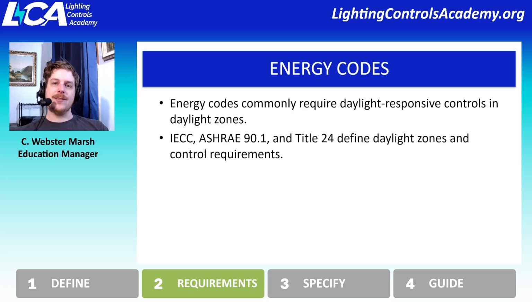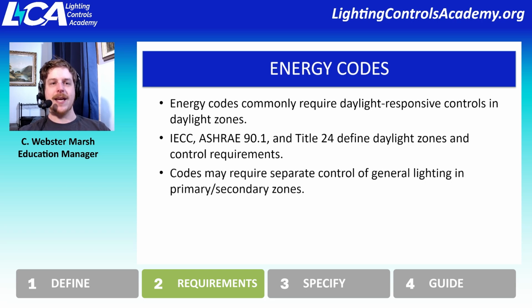Some states are a little bit more relaxed and have an older version of the code, and some states are always up to date on the latest code and have the most strict requirements for energy code compliance. You need to be able to meet these to get your permit for the project, so being able to show whether you're complying with this is really critical in the design documentation.